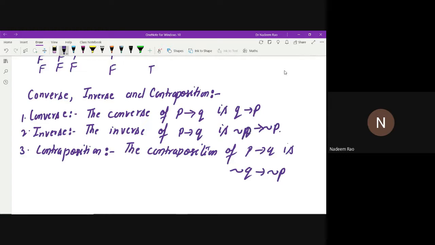So it is negation of P implies negation of Q. So these are the definitions of converse, inverse, and contraposition.